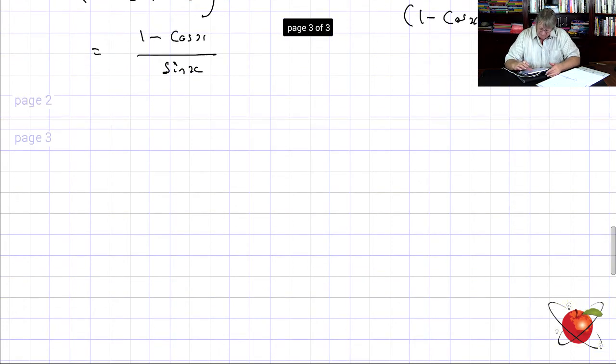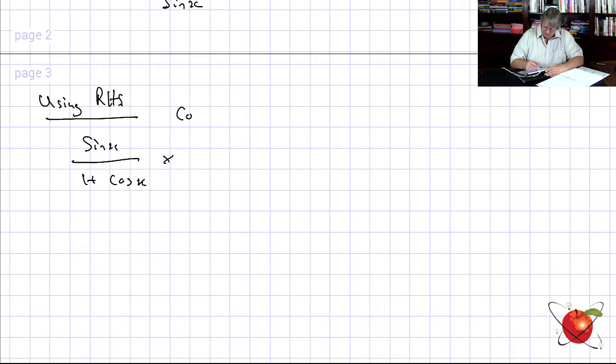Now, similarly, we could have used the right-hand side. We could have said sin x over 1 plus cos x. Then we'd multiply by, I'm using the conjugate here again, 1 minus cos x over 1 minus cos x.